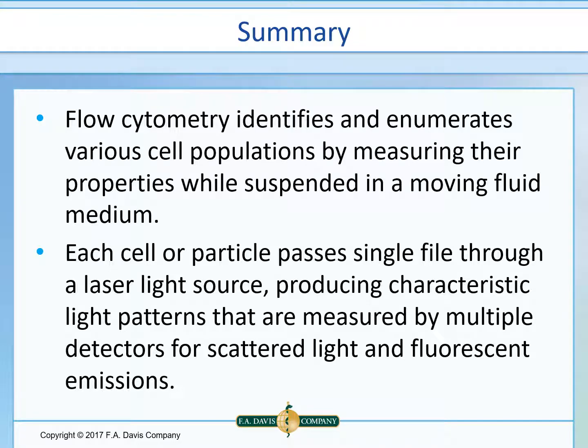To summarize what we looked at in this chapter, flow cytometry identifies and enumerates various cell populations by measuring their properties while suspended in a moving fluid medium. Each cell or particle passes through single file, a laser light source, producing characteristic light patterns that are measured by multiple detectors for scattered light and fluorescent emissions.